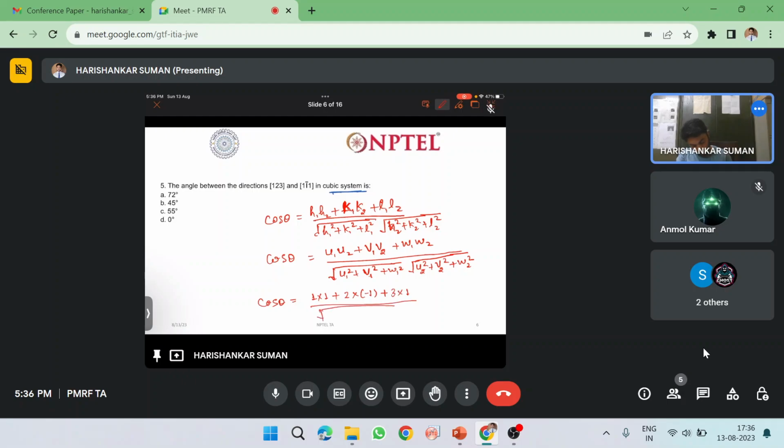Squares: 1 square, 2 square, 3 square. 1 square minus 1 square and 1 square. 1 minus 2 plus 3.